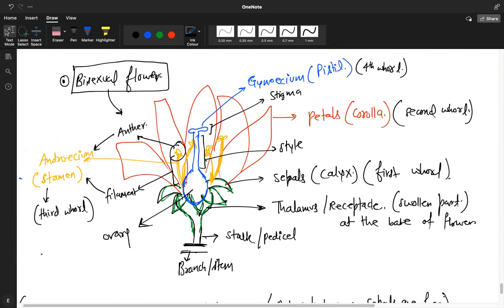Can you think of any reason for this? To attract insects. Yes, to attract pollinators, insects, basically. Insects are also pollinators, but sometimes birds as well. Small birds are also attracted for nectar and smell and color. So write down to attract pollinators like insects and small birds.